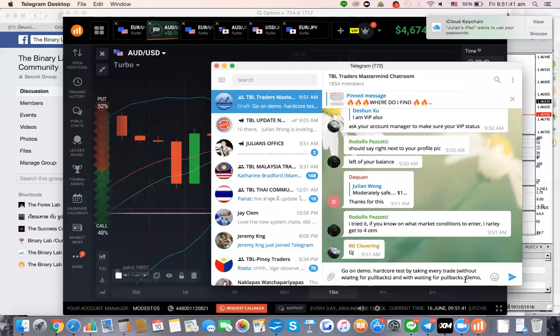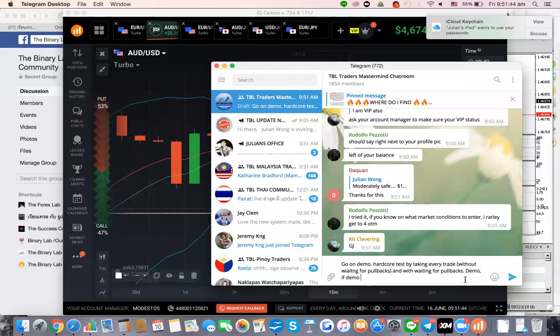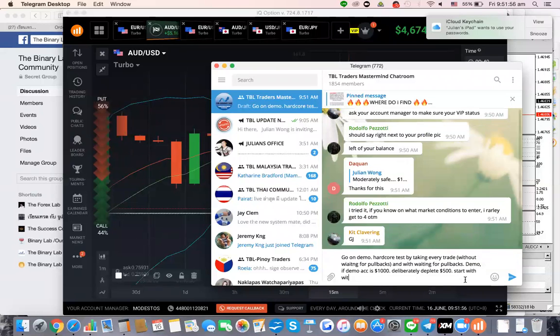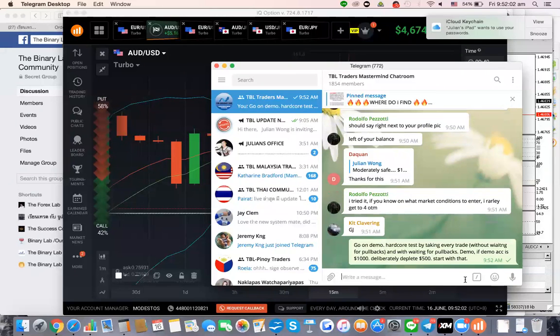So if the demo account is 1,000, I would say deliberately deplete 500 or whatever and start with that, so that you can know how it's going to respond. Just hardcore test it with and without the pullbacks and see how you go with the settings.